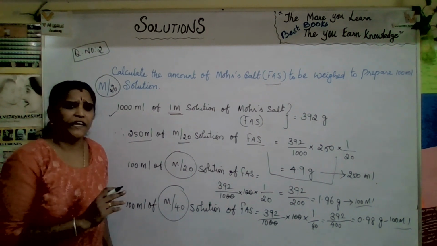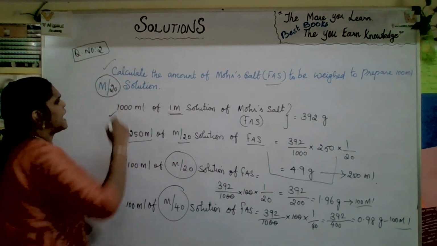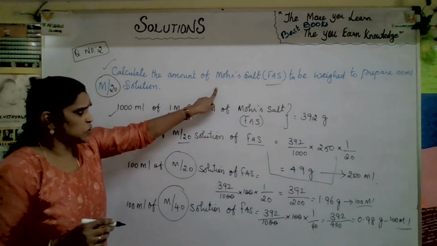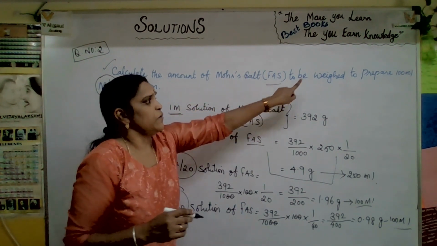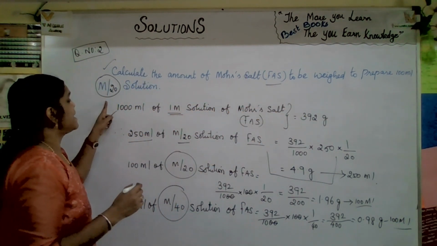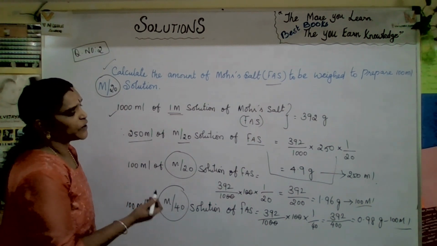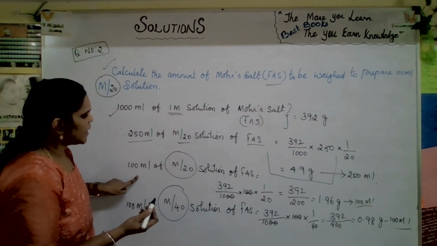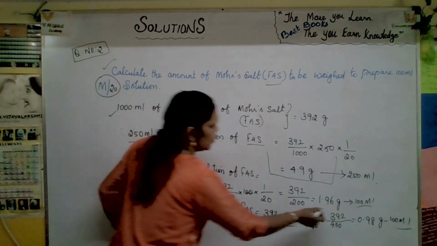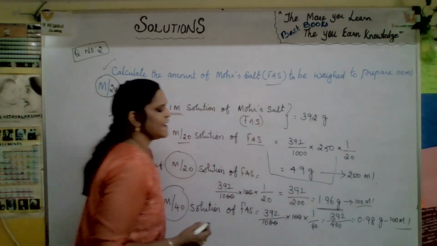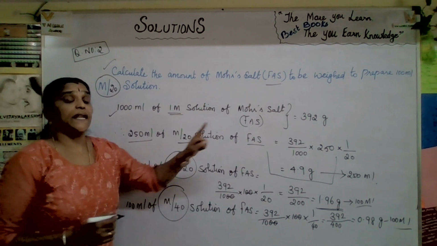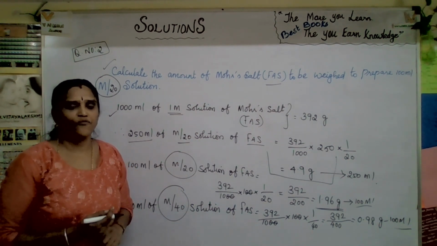I hope you got a clear idea about how to calculate the amount of Mohr's salt to be weighed to prepare 100 ml of M/20 solution. How much do you require for this? 1.96 grams in 100 ml of water.